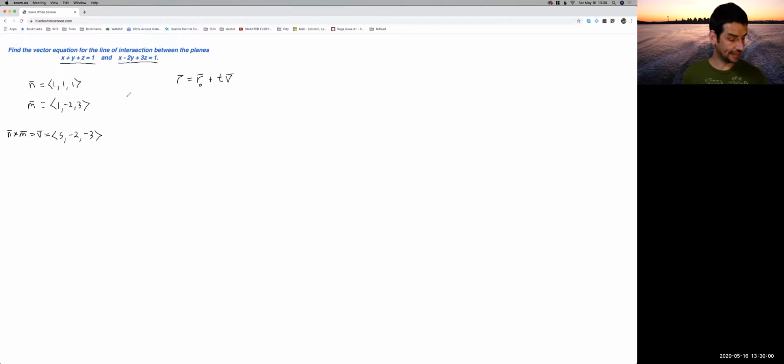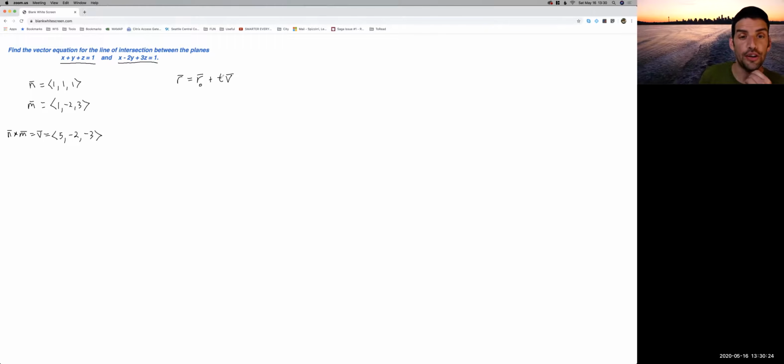And the little insight we're going to use is this. Look at our direction vector. All 3 of the components are non-zero. That means whatever the vector R is changing in all 3 components, right?